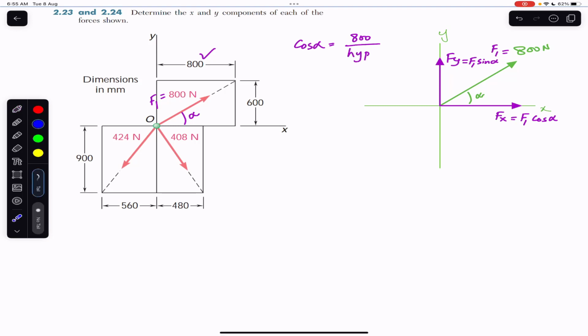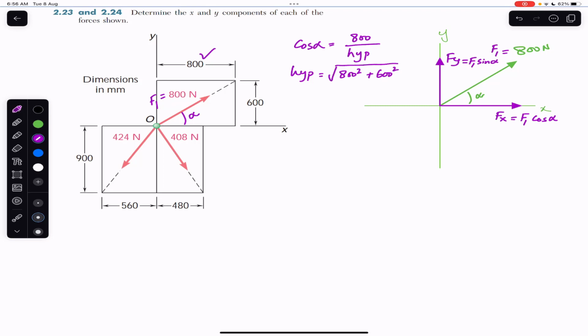And the hypotenuse is the diagonal of this rectangle. We need to find the hypotenuse, and the hypotenuse can always be determined by using the Pythagoras theorem. So from Pythagoras theorem, the hypotenuse will be equal to the base square plus the perpendicular square under the square root. So the hypotenuse for F1 will be 800 square plus 600 square under the square root.